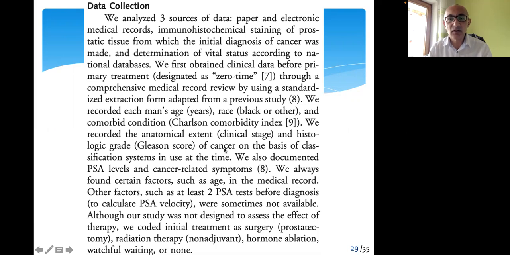These are all relevant for us to come to a conclusion about the validity. Then histological grades, anatomical extent they have recorded. What else? PSA levels they have recorded. What else? Other factors, etc.